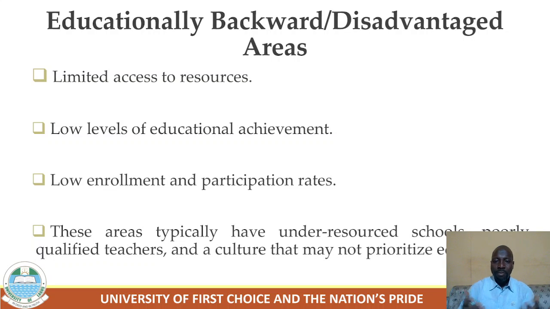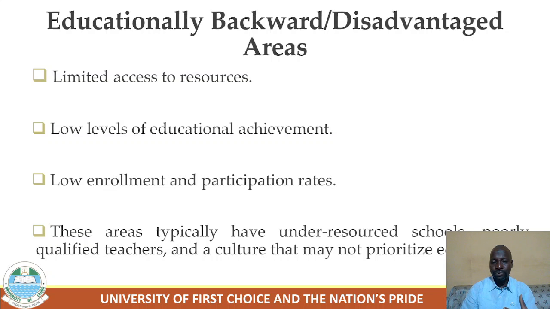So in summary, educationally backward areas are areas that typically have under-resourced schools. They usually have poorly qualified teachers. And like I said, they may have a culture that does not prioritize education.